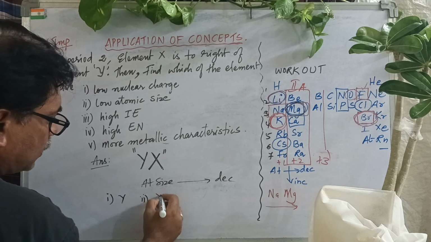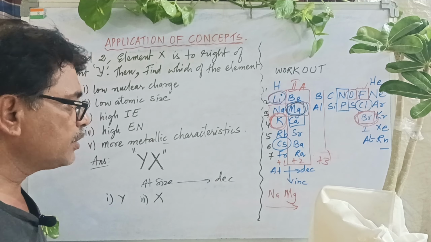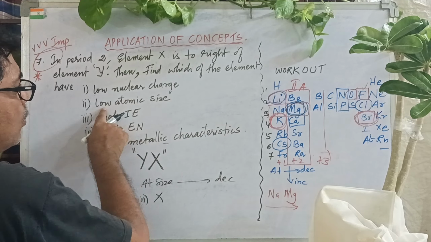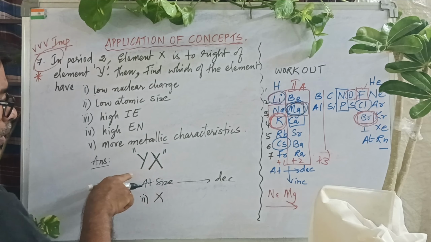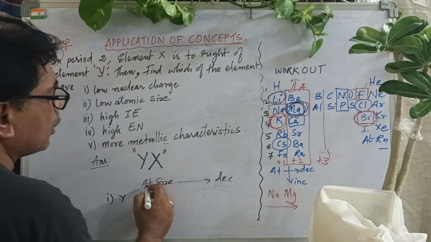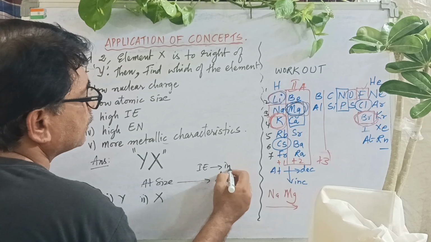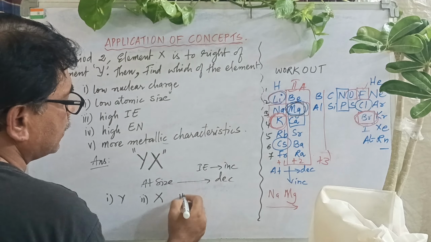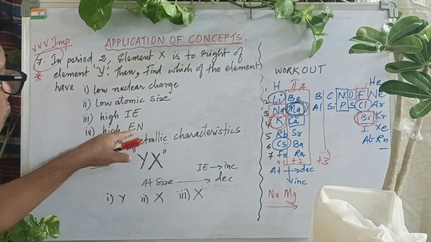Second, low atomic size will be X, because as you move toward the right side of the periodic table, atomic size decreases. Finish. High ionization energy: since atomic size decreases, ionization energy increases, so the answer is X. Then high electronegativity.